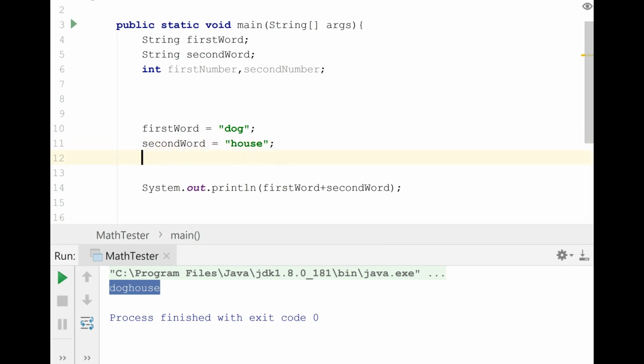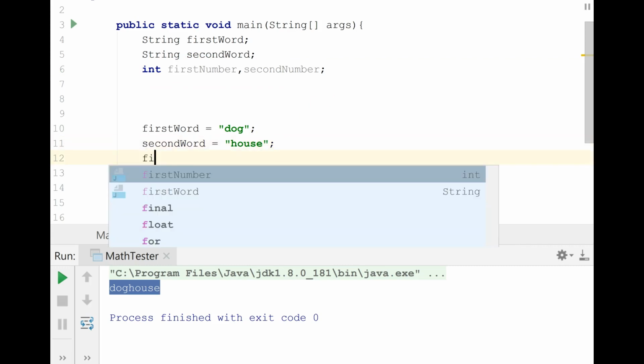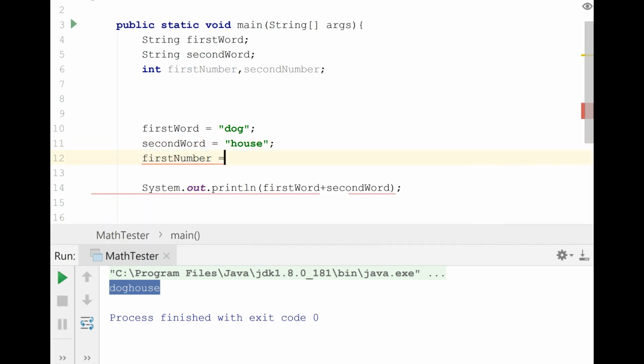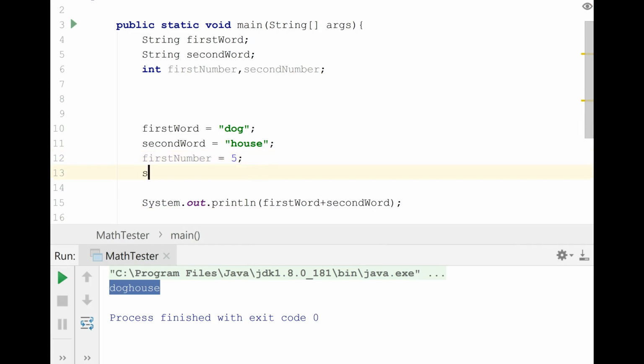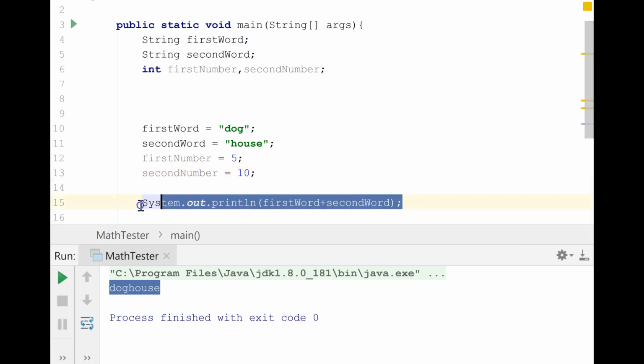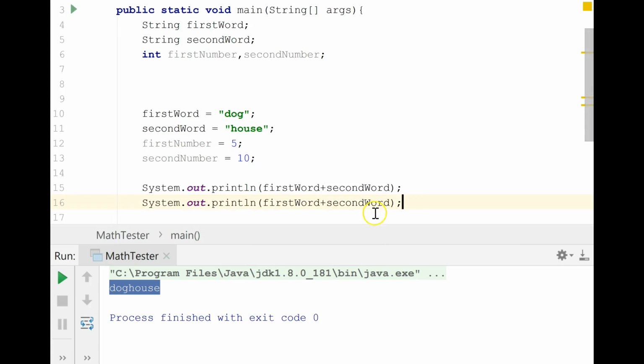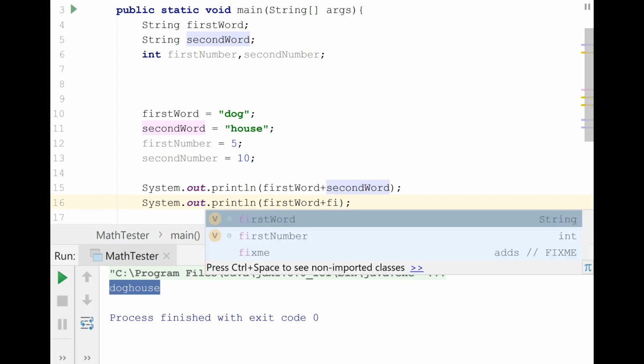Now I could initialize them, so I can say firstNumber, let's say that equals 5, secondNumber, and notice I'm not putting it in quotes anymore, let's say that equals 10. Now, if I wanted to do a print, let's print another line, and now I want to print the firstWord, and I want to print the firstNumber.